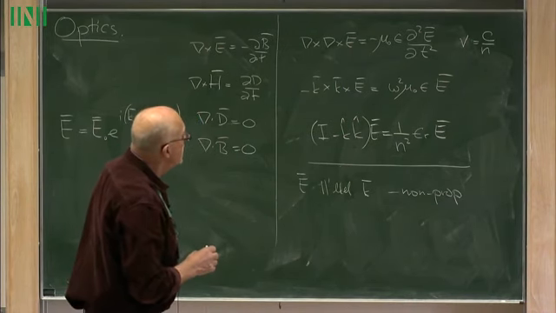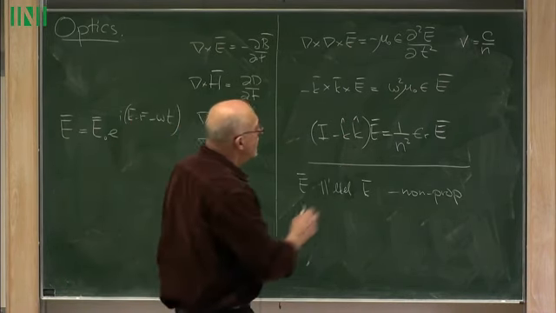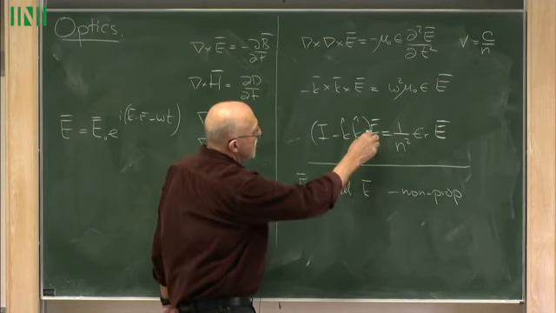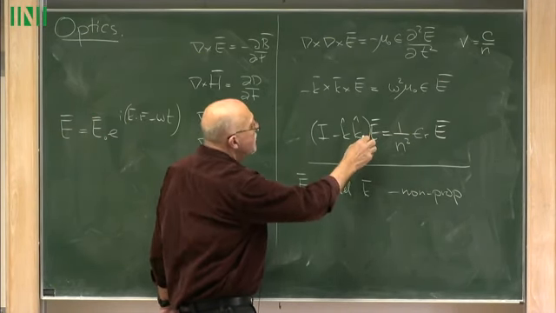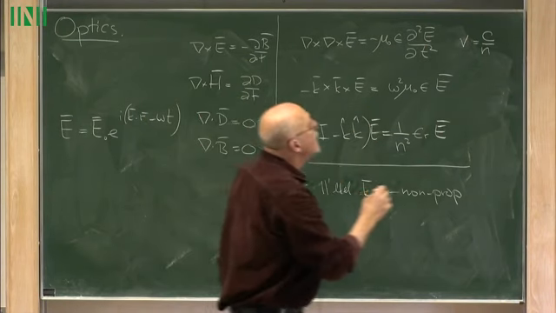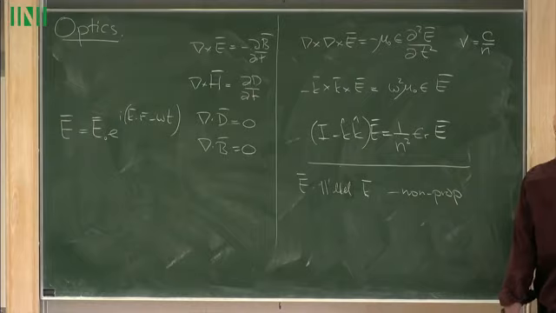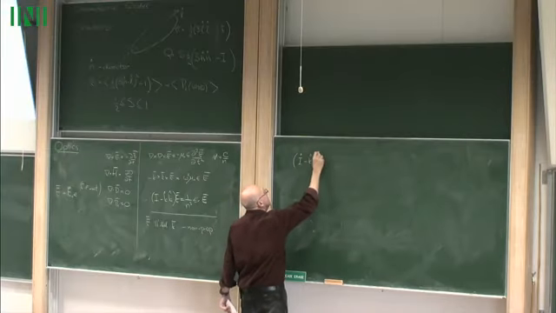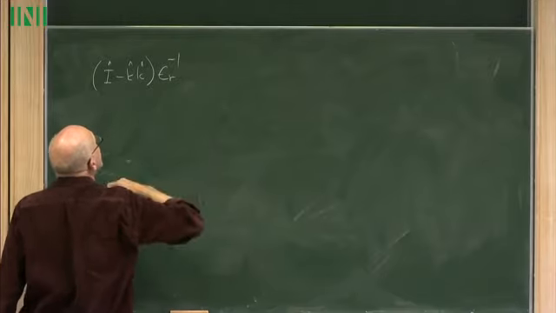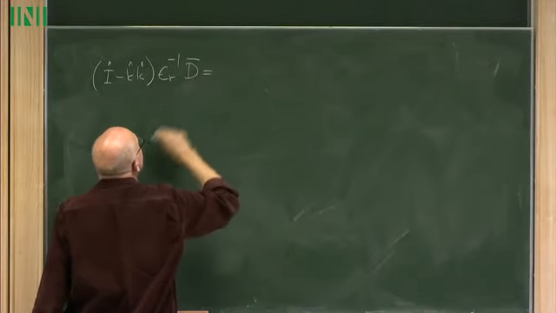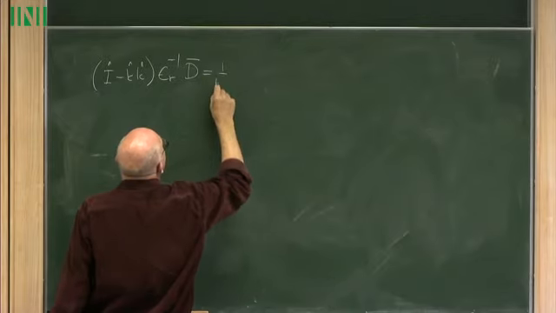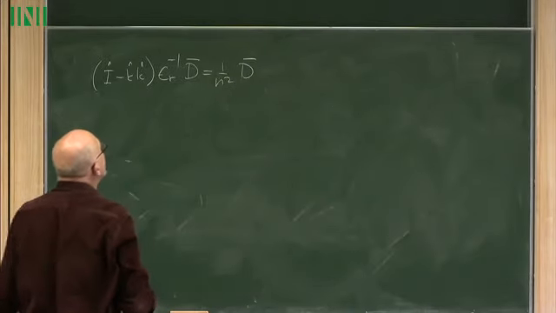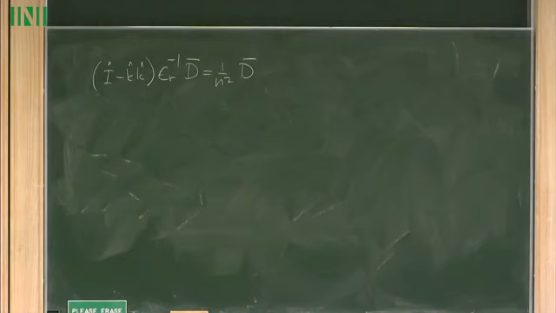So to make a D here, I'll just insert epsilon inverse times D, and then we have this. Good. Okay, so now we just need to solve this eigenvalue equation.